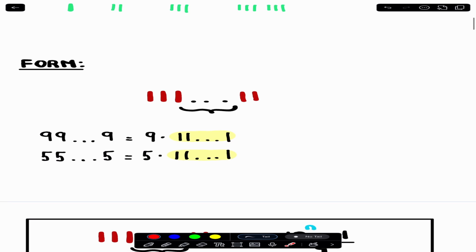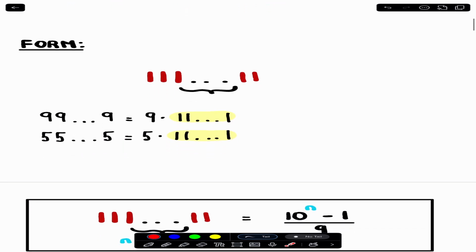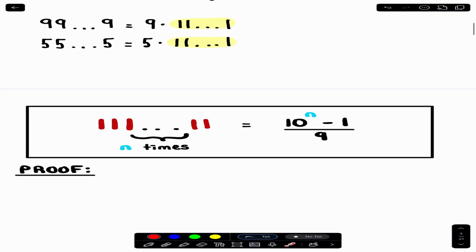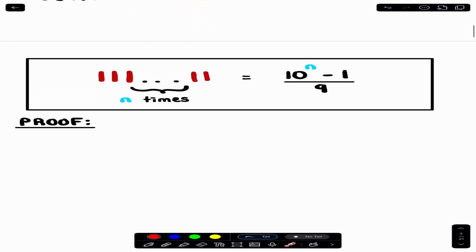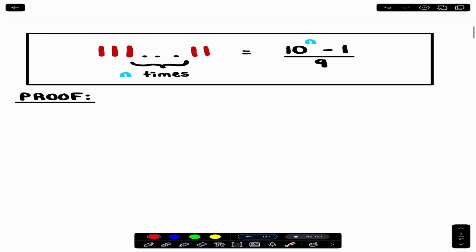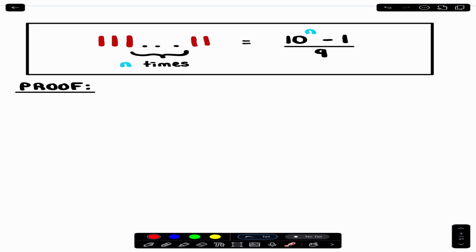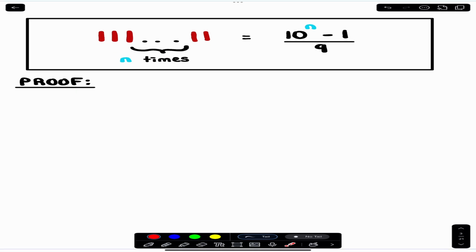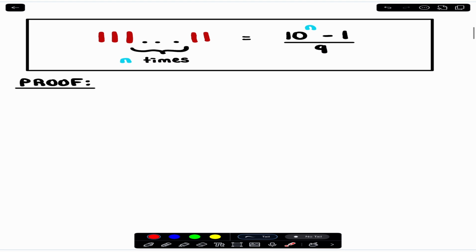Now that we know what a rep unit is, I have a few important pointers before we get into the problems. These are listed in order of importance, starting with this first property. The first important thing to note, and don't worry about memorizing these, because when we take a look at this, we'll see that it actually makes sense intuitively.